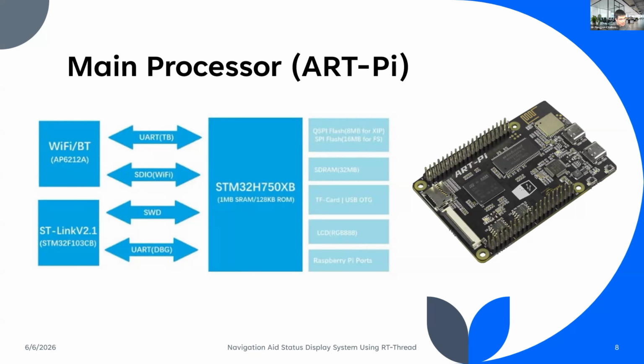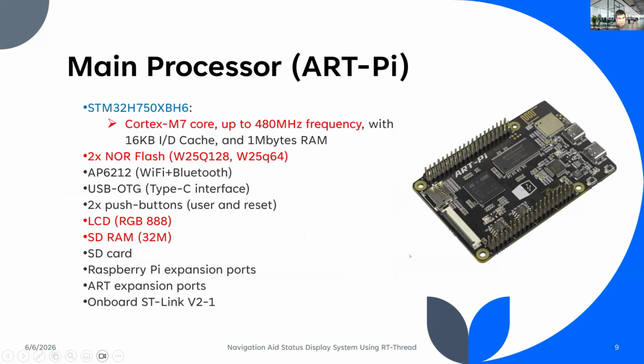It's based on the STM32H750 and on Cortex-M7. It has a high speed of 480 megahertz and 1 megabyte of RAM. It also has a NOR flash inside. So if you want to build anything based on RT-Thread and you want very high performance, you can use this board to build your own project.